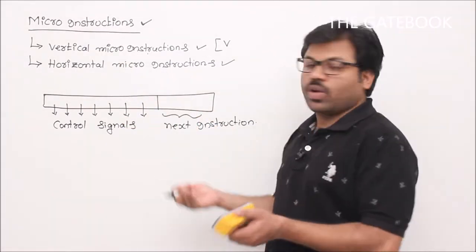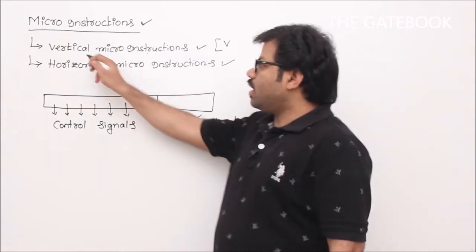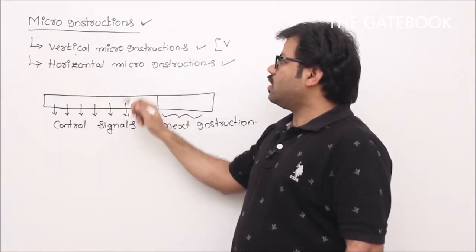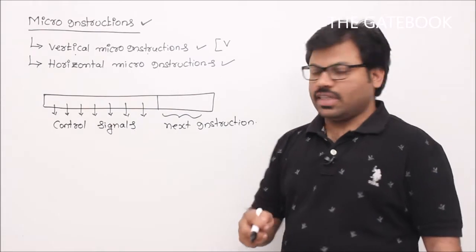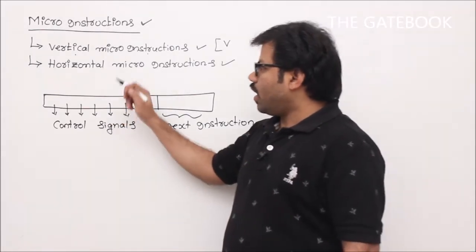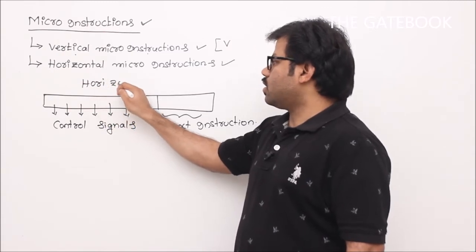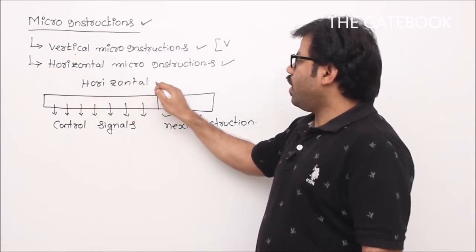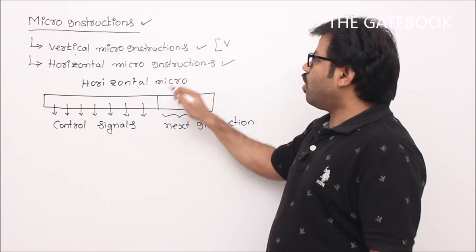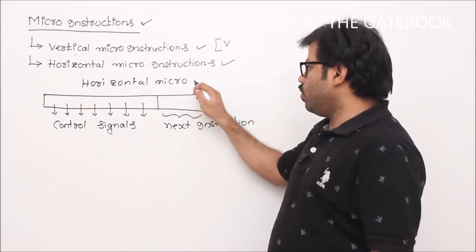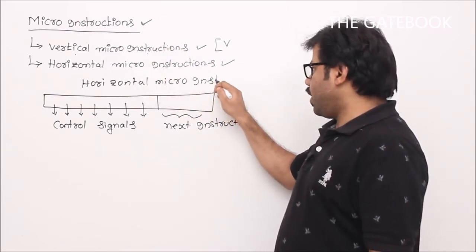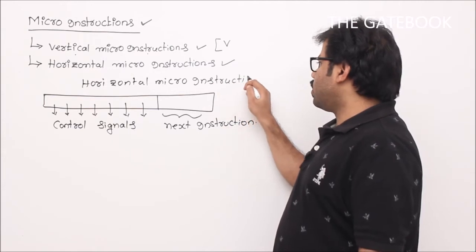However, both are micro programming, but there is a difference between them. We will see that. So let's say whatever you have studied so far is actually horizontal micro instruction, where there is an alternative called vertical micro instruction, I will tell you.